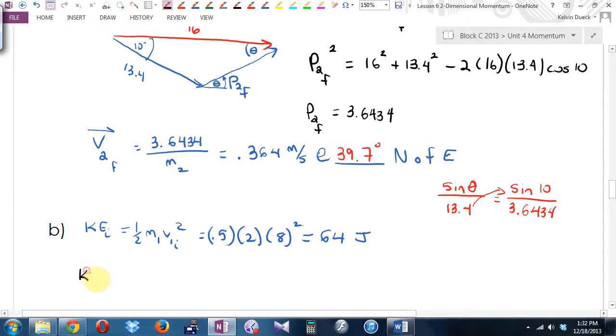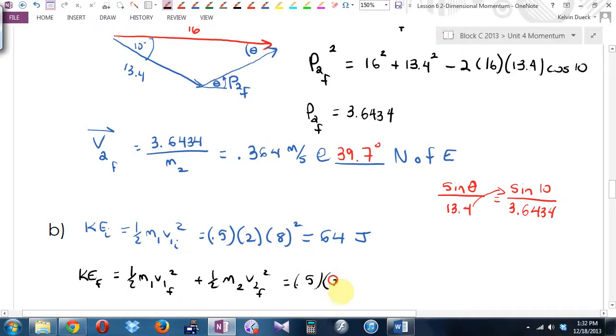The final kinetic energy, both of them are moving. Now, the nice thing, though, Kelly, since energy is a scalar, I don't care about the thetas, the what of whats. I just know it's going to be a half mass 1 v1 final squared plus a half mass 2 v2 final squared. It's going to be 0.5.